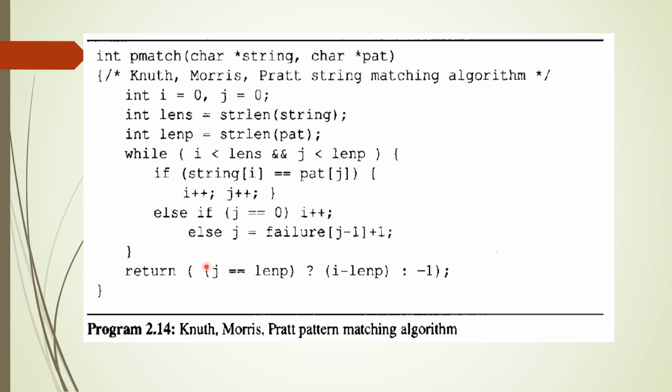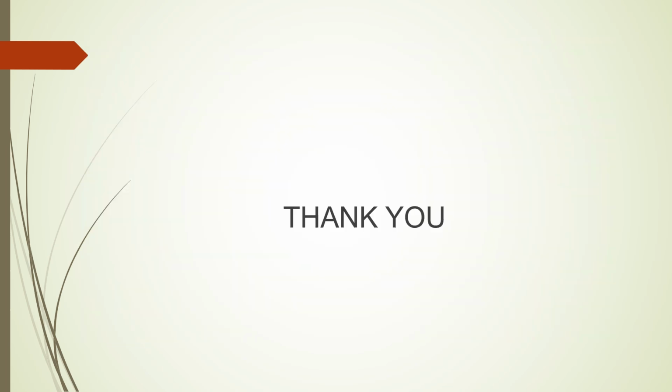The main difference between the first pattern matching algorithm and the KMP pattern matching algorithm is that in the first algorithm, whenever a mismatch occurs, the pattern is shifted only one position right against the text. But with respect to KMP, the shifting of the pattern is decided by the failure function.